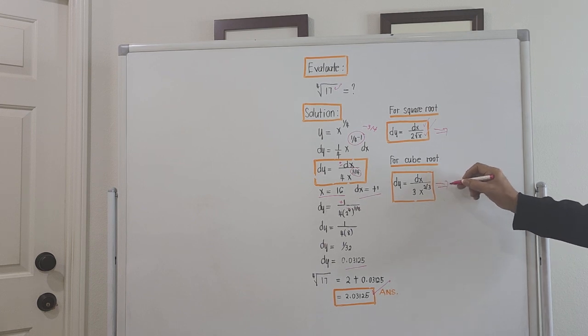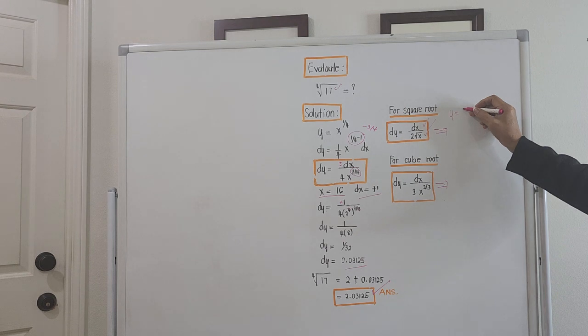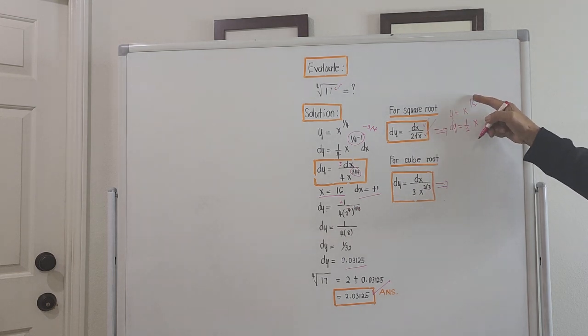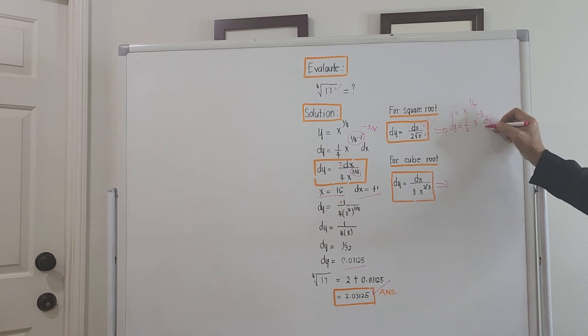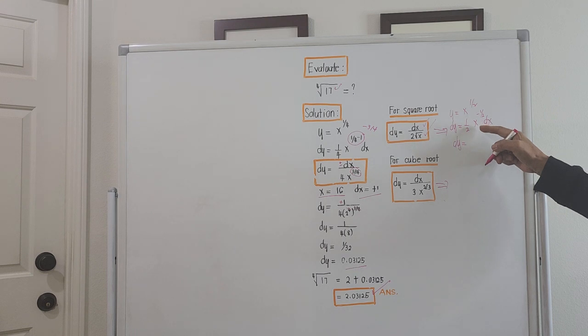And so it is. Because if y here is actually equal to x raised to the 1/2, taking the differential will be 1/2 x raised to 1/2 minus 1, which will be negative 1/2, times dx. So the increment in the square root will be equal to, we avoid the negative power, right?